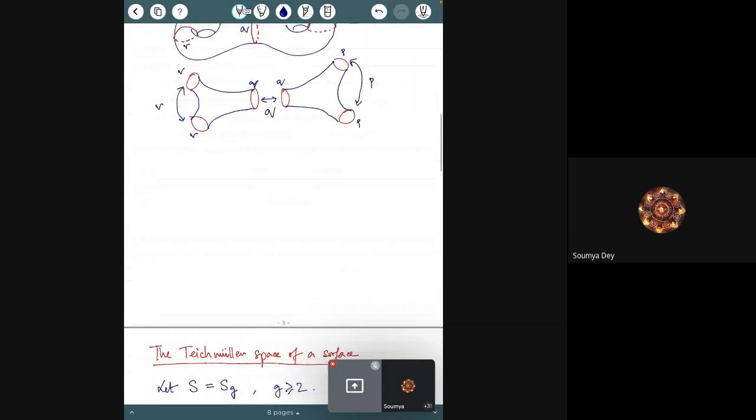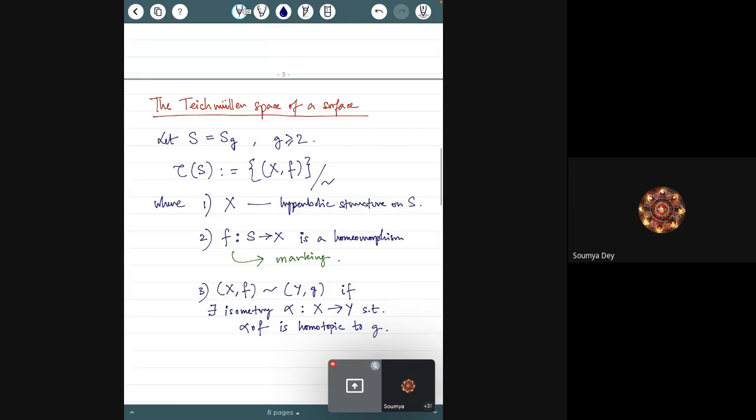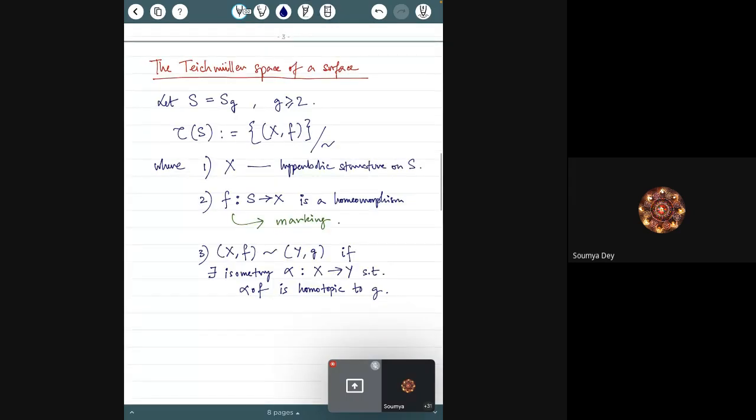Now let me define. It was already defined by Krishnendu. So what is called the Teichmüller space of any given surface? For simplicity, we'll be using this S_g surface, so basically a closed oriented connected surface of genus g, where g is greater than or equal to 2. Now what is the Teichmüller space?